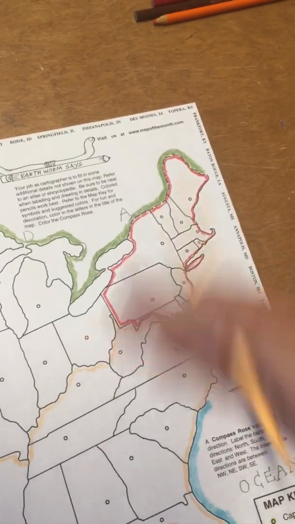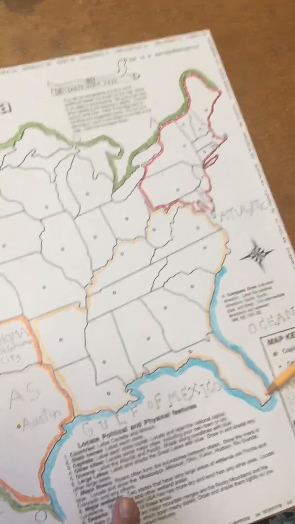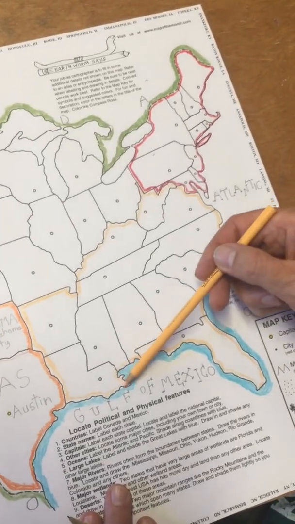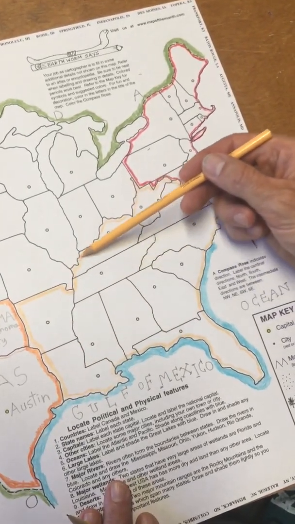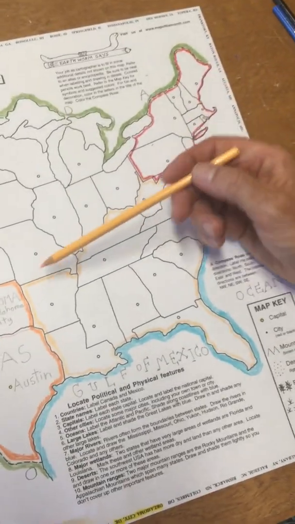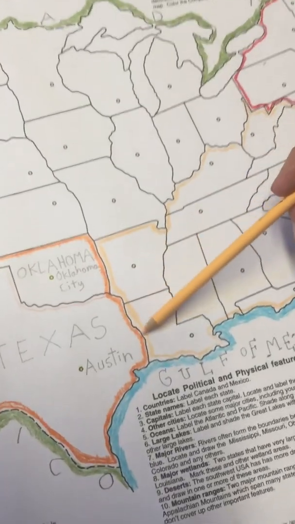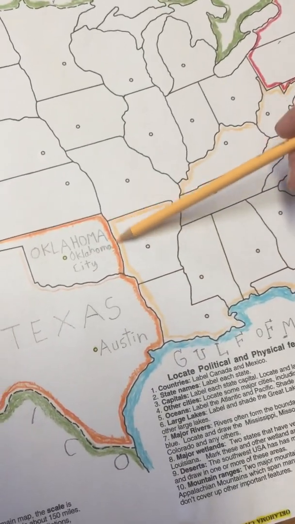Okay, so you can see I used a peach color to go around the inner edge of that Southeast region. And I want to also note that I didn't go too close to the lines along some of the states.